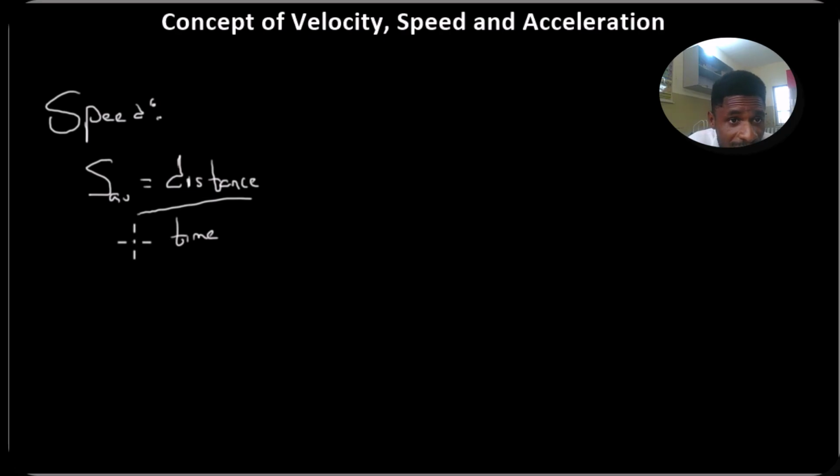This time around, I'm not considering the direction. Speed can never be negative. We'll always have a positive value or zero. Speed also is measured in meters per second, and speed is a scalar quantity.